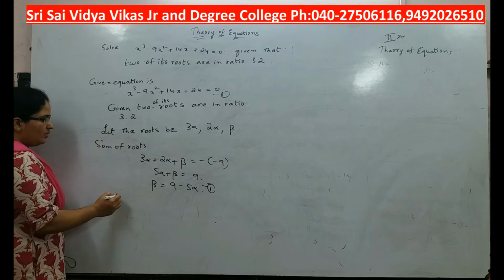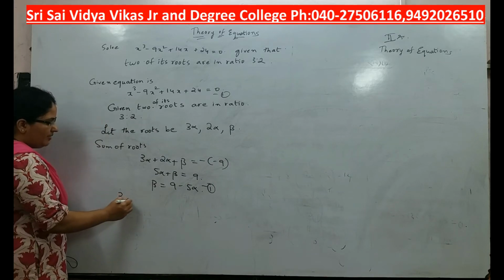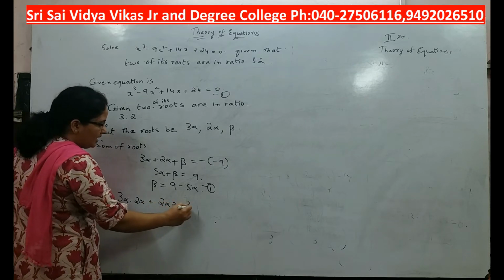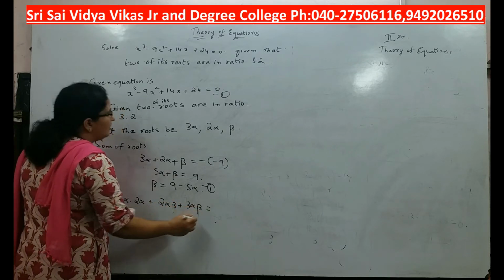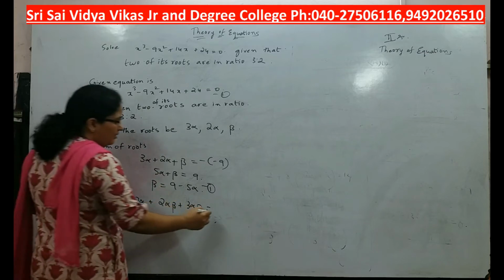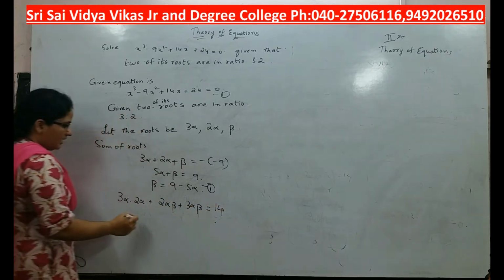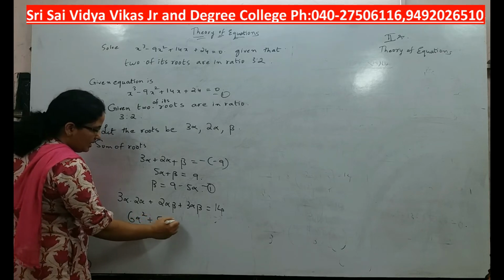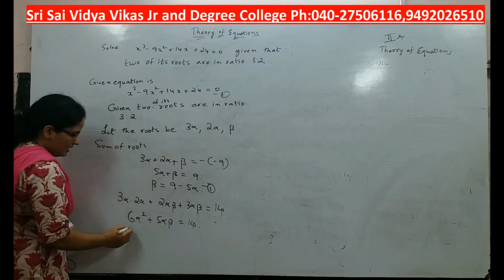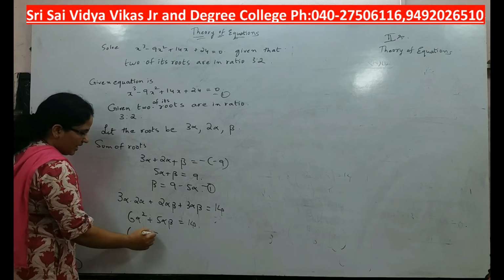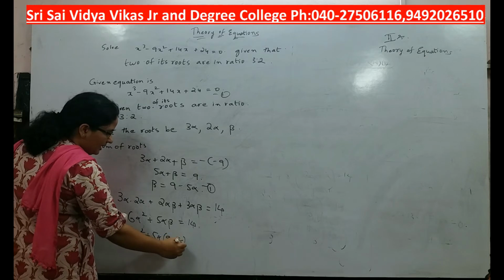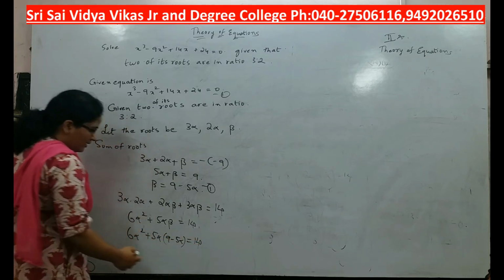Product of roots taken 2 at a time: 3 alpha into 2 alpha, 2 alpha beta plus 3 alpha beta is equal to 14. So 6 alpha square plus 5 alpha beta is equal to 14. 6 alpha square plus 5 alpha, what is beta? 9 minus 5 alpha is equal to 14.